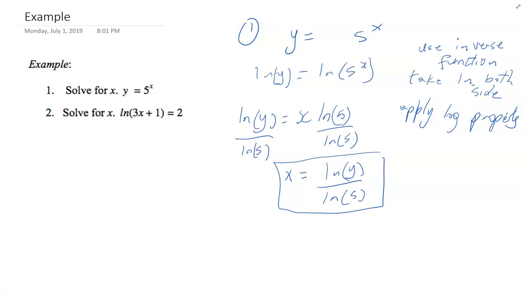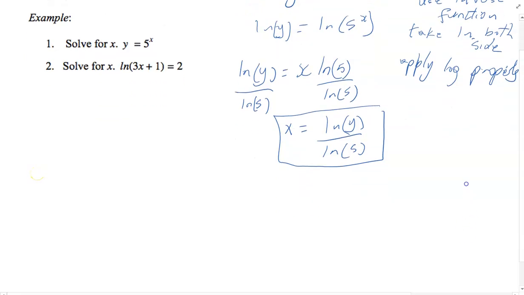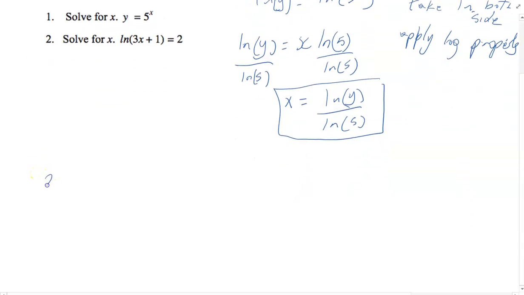Okay, second problem is solving for x. Ln of 3x plus 1, 3x plus 1 is our argument, equals 2. Again, we want to use inverse operation to undo the ln.